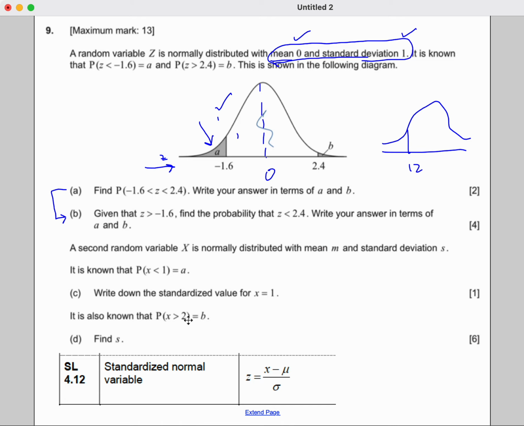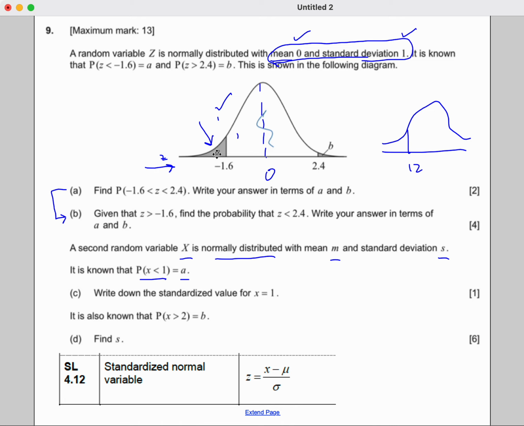Now, it says part C, a second random variable x is normally distributed with a mean m and a standard deviation s. It is known that the probability that x is less than 1 is equal to a. Well, a is right here.